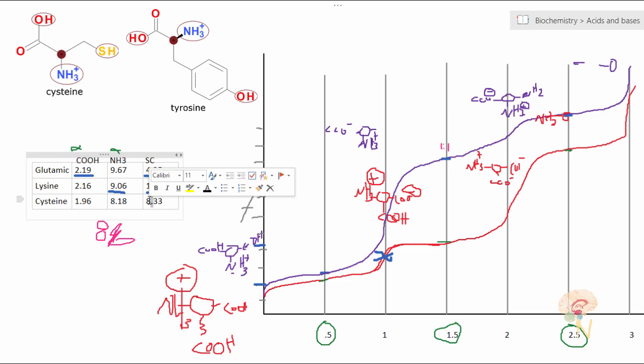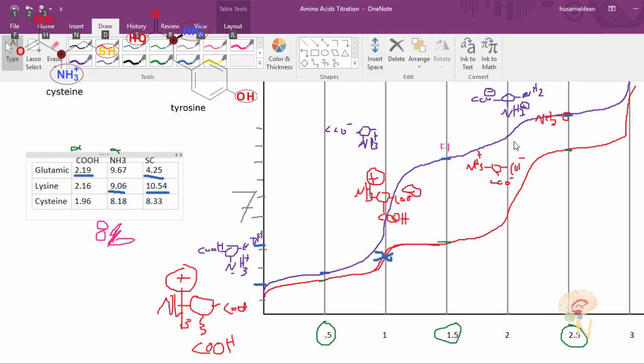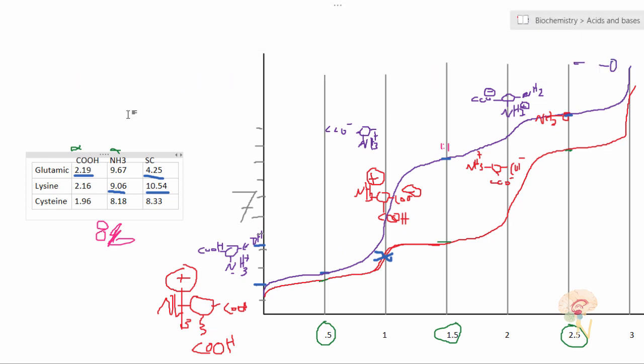So the side chain of cysteine is very weakly acidic compared to the alpha group. Drawing the titration curve for cysteine will look like this basic one. The exception I talked about is that the first one to lose will be the alpha COOH, as always.